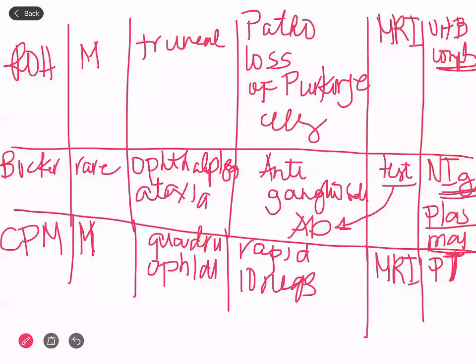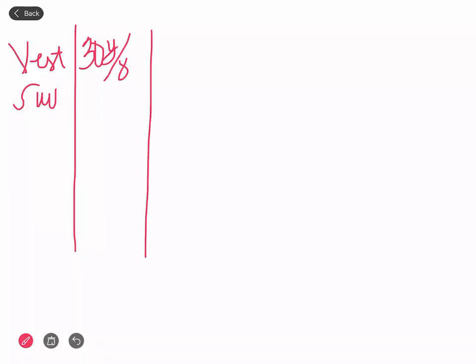So vestibular schwannoma, usually, the peak incidence is 30 years old, no? They are seen among 30 year olds. For the clinical manifestation, as we have said, hearing loss, facial palsy, no? And of course, disequilibrium. Okay, so those are the different clinical manifestations.